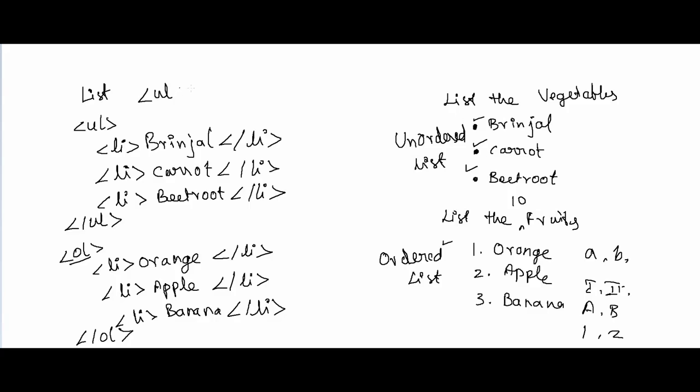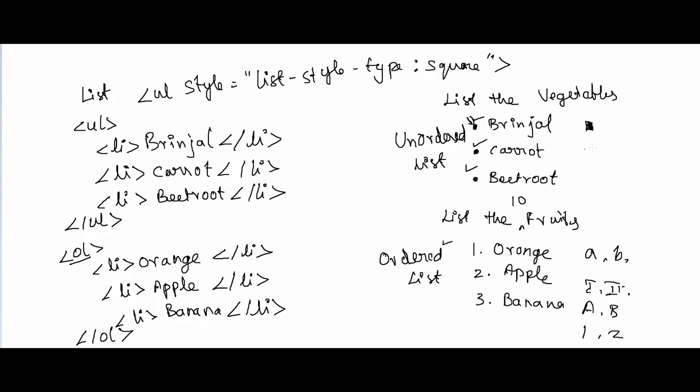Okay, UL style equal to, there is a property which we can see clearly in CSS, type colon square. If you give it like this, the bullets are changed into squares.